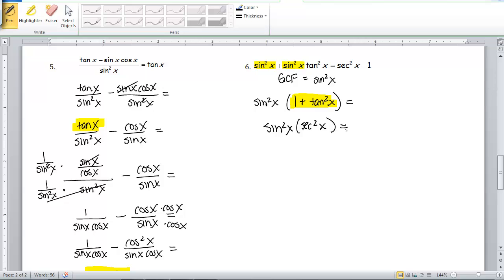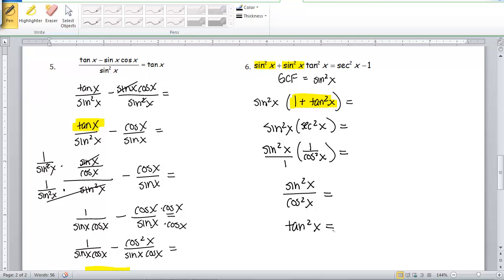Now if I look at this, the only thing I can do is change everything in terms of sine and cosine. Sine squared already is, but secant squared is the reciprocal, 1 over cosine squared. If I multiply these fractions straight across, I'm going to get sine squared over cosine squared, which happens to be tangent squared by one of the quotient identities.